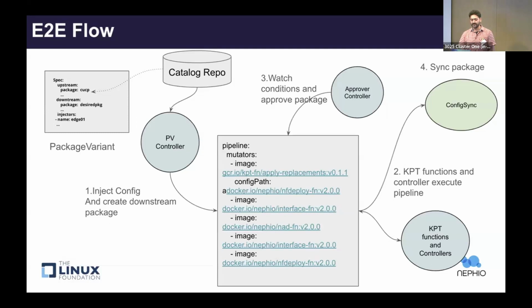Then Porch will pull this upstream repo, create a package variant, and create a package revision, which is an object for the downstream repo. This package revision is worked upon by all the controllers and different functions which are generating the configuration that is required to create the complete NF deployment and NF config CRs dynamically.